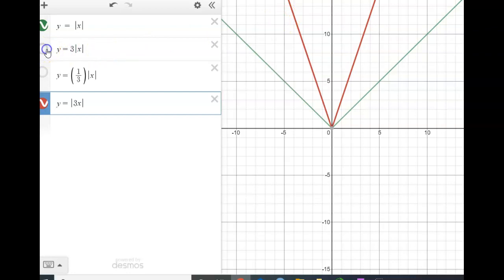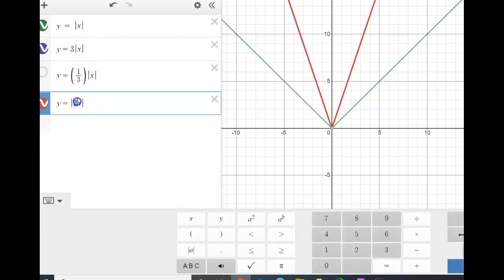And they do. They're overlapping, I believe. Yes, they are overlapping. So in this case, and this does not always happen, okay? I guess we could consider by how they have the same shape. But how do we know which one is a horizontal and which one is a vertical? By where the 3 is located. So here, outside is vertical stretch by a factor of 3. Here the 3 is inside the absolute value, so it is a horizontal shrink by a factor of 3 because we divide every x by 3.